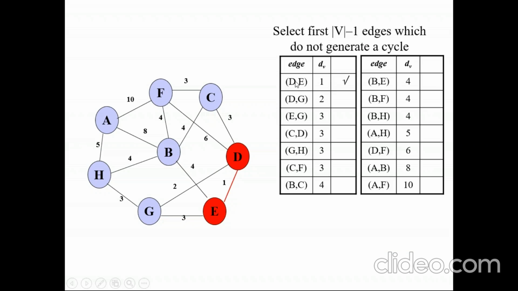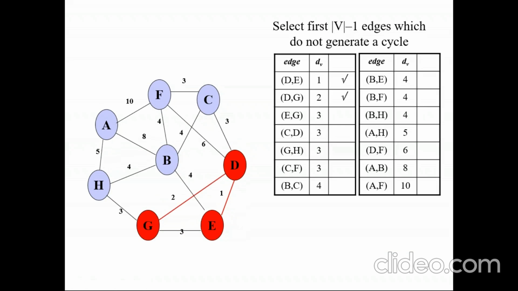Select the first edge, that is DE, which has the minimum weight, keeping in mind that it does not generate a cycle. Next, move on to the next edge, the second minimum, that is DG, keeping in mind that it does not create a cycle. Yes, it does not create a cycle, so we have picked up that edge.